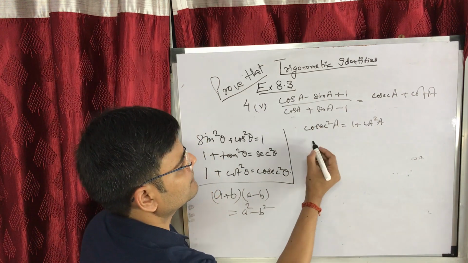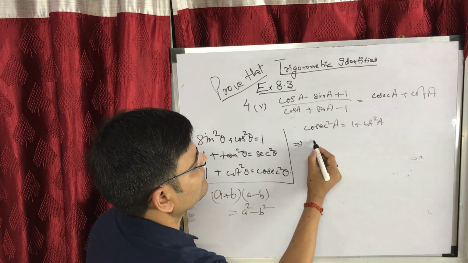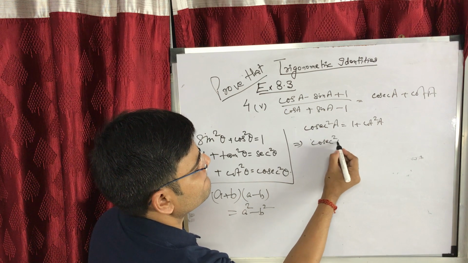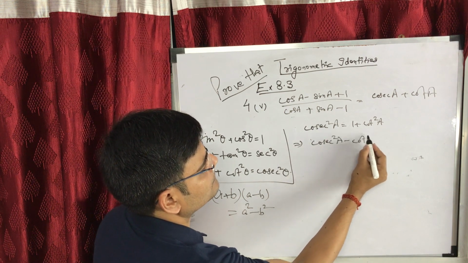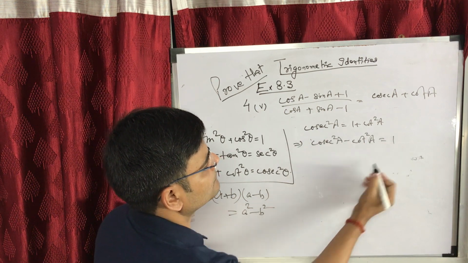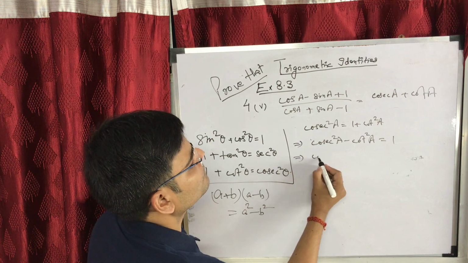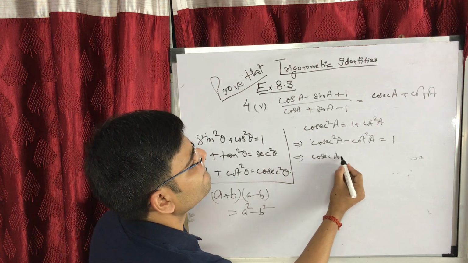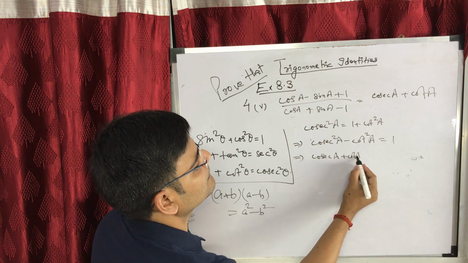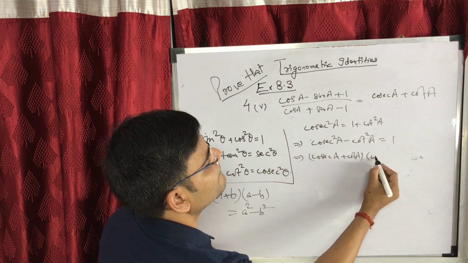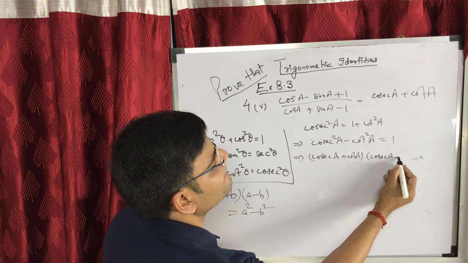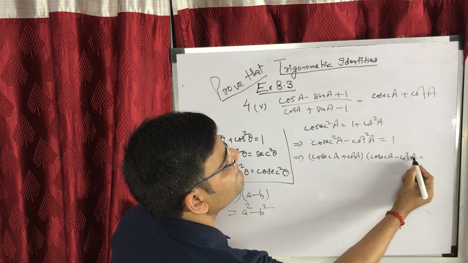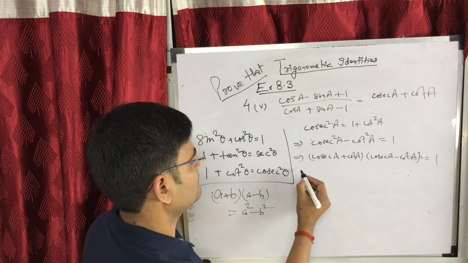So bring cot square here: cosec square A minus cot square A equals to 1. Same, A plus B, A minus B: (cosec A plus cot A)(cosec A minus cot A) equals to 1.